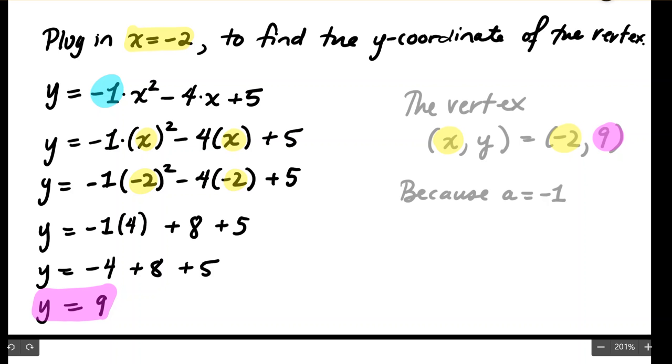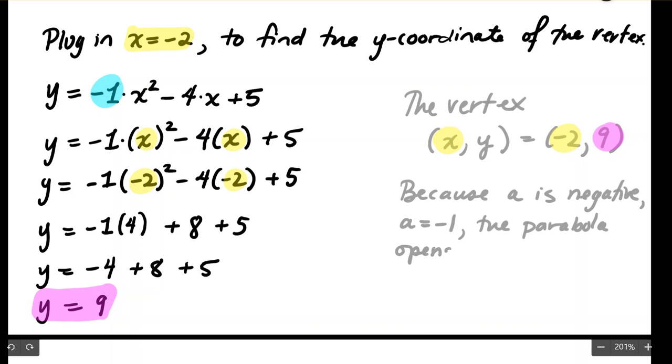We don't care that it's minus 1, we care that it's negative. Because a is negative, the parabola is opening down.